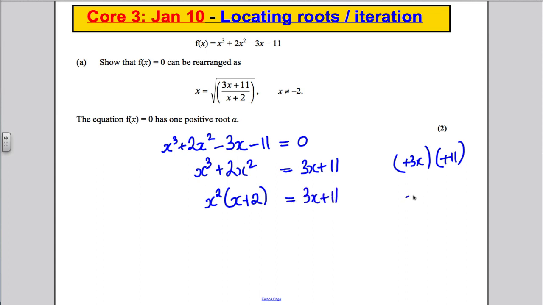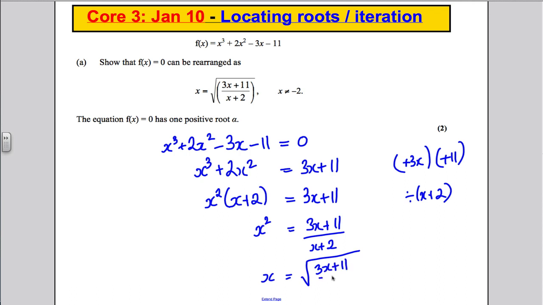Then we can divide both sides by x plus 2, and we get that x squared is equal to 3x plus 11 divided by x plus 2. Finally, we take square roots to get x, taking the positive square root as it says, and we get the square root of 3x plus 11 over x plus 2. And hence we have rearranged as requested.